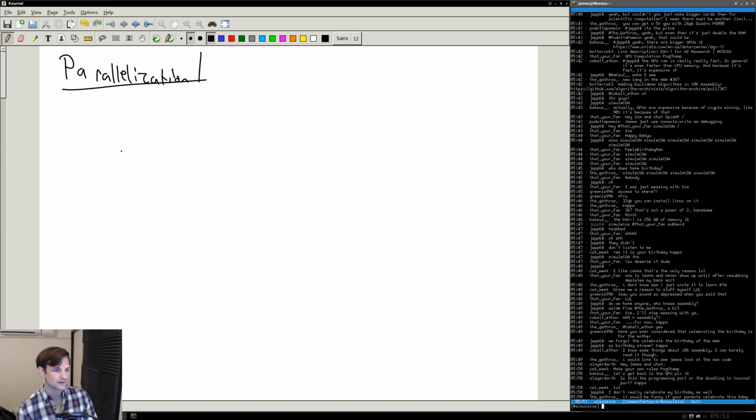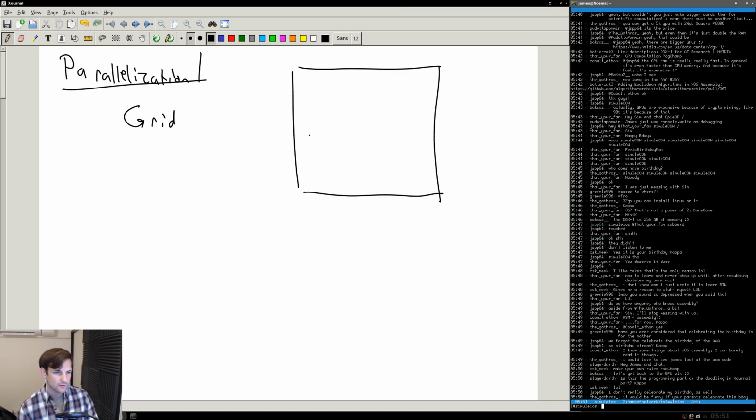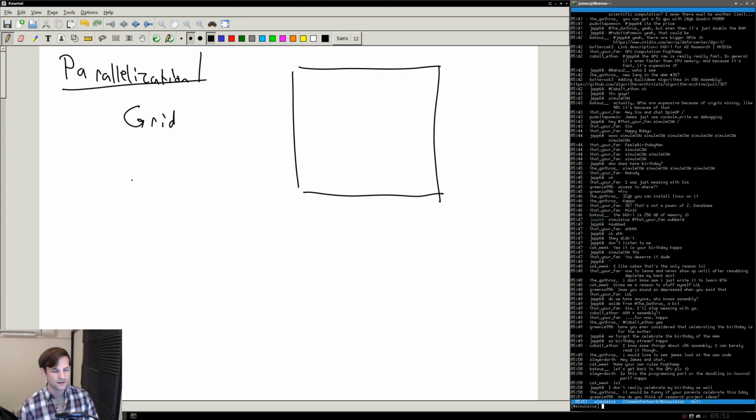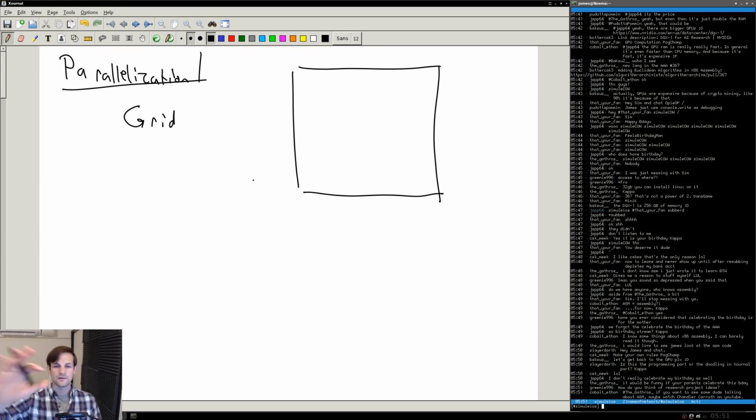So for parallelization, here's the thing that's important. The way the GPU works is that we have one large unit of computation known as the grid. Basically, we take our simulation data and we project it onto this grid.